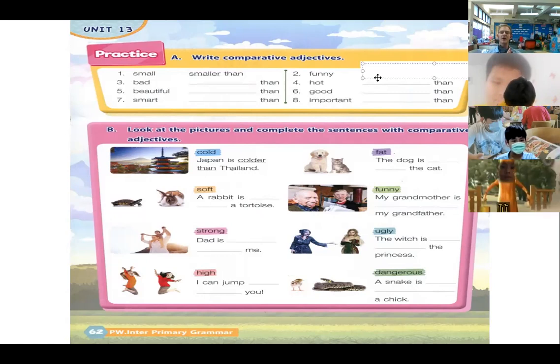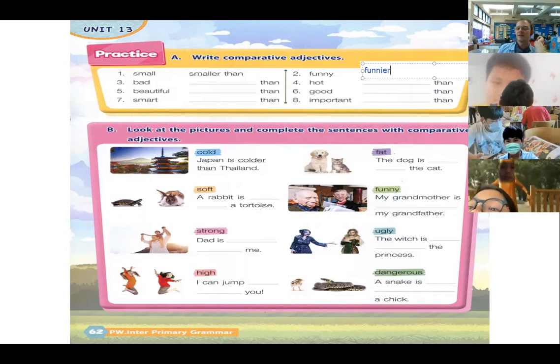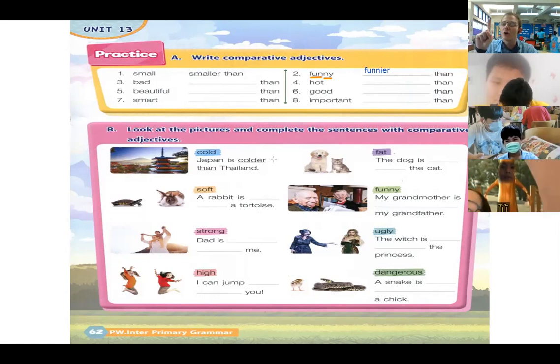How will we spell funnier? F-U-N-N-I-E-R. Is this correct? Yes. This is 100% correct. Why? Because funny has 2 syllables, and it ends in a Y. So the rules say we change the Y to an I and we add ER.